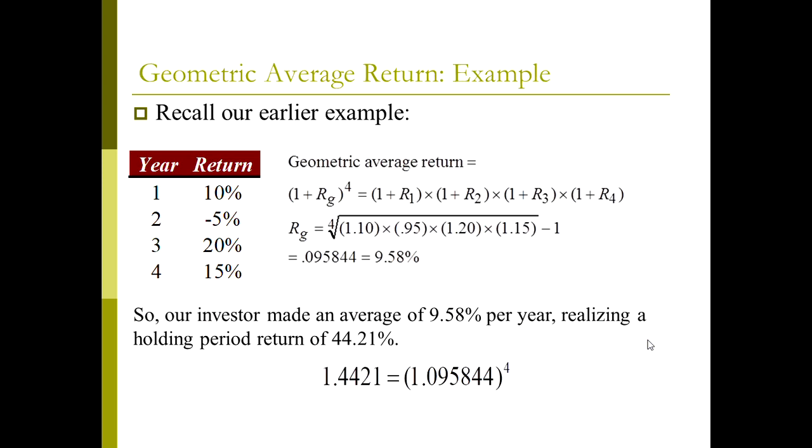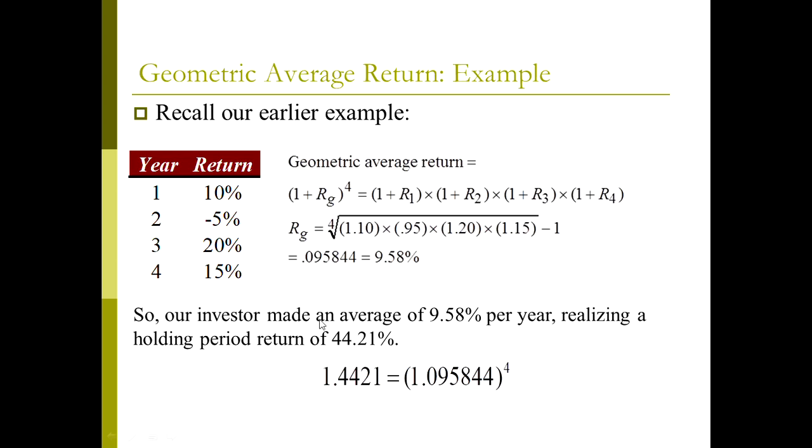Geometric average return is a lot more complex. All you need to do is, first, calculate the holding period return. And then you use the following formula to calculate the average annual return, which is less than 10%, 9.58%.